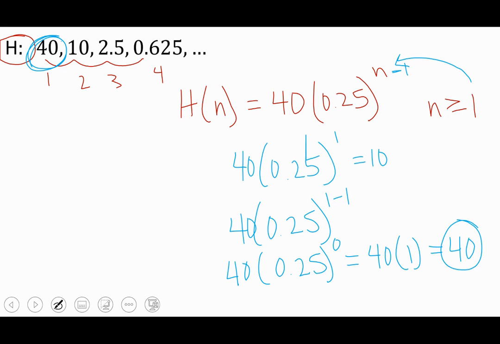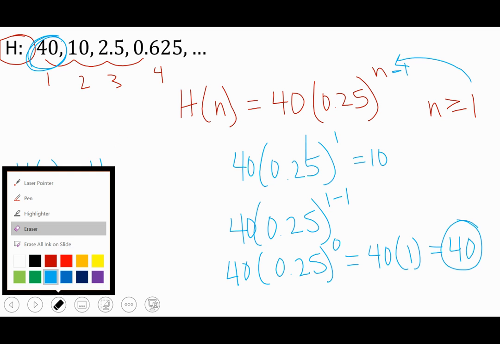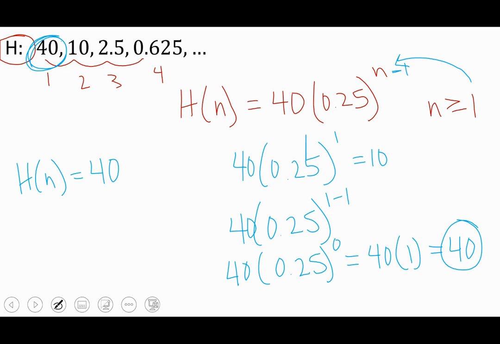So to define the nth term for this sequence, h of n equals 40 times 0.25 to the n minus 1, and for our n values that are greater than or equal to 1.